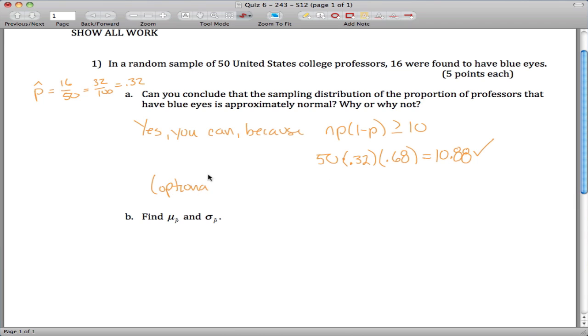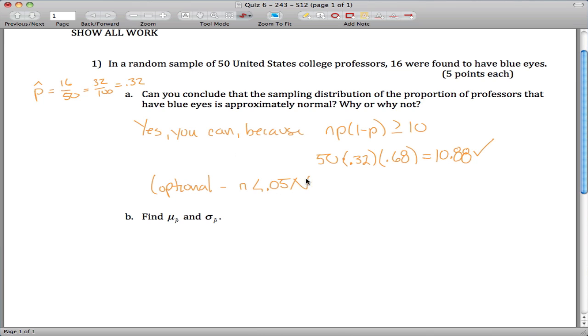And maybe I'll say optional is, well, our book cares that the sample is not too much of the population. So our sample here of 50 has to be less than 1/5 of the total population. So n is less than 0.05 times the population size.